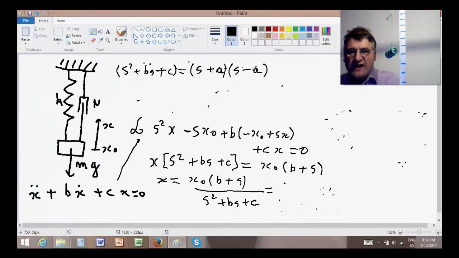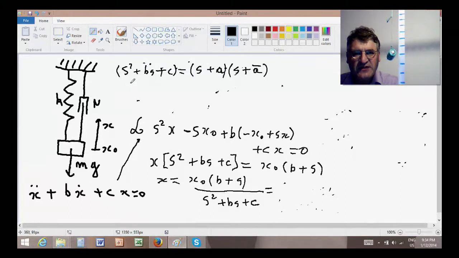Now, what are those a's? Sorry, this is not s plus a, but s plus a transpose complex conjugate. Those a's are the solutions to this differential equation.